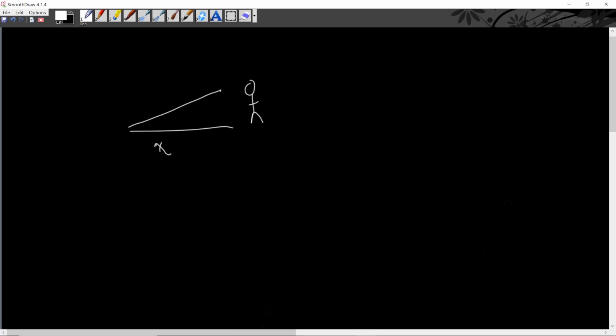Is that how it works? Oh no, it's like this, right? One second. So when the person is 10 feet away from the lamppost, his shadow is 20 feet long. Find the rate at which the length of the shadow is increasing when he is 30 feet from the lamppost.